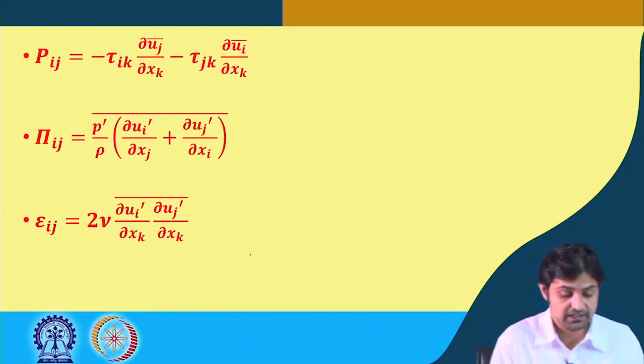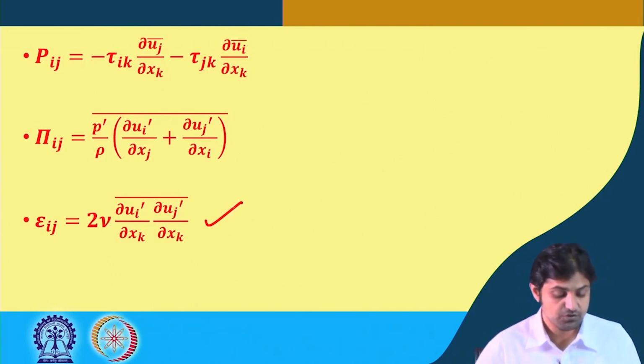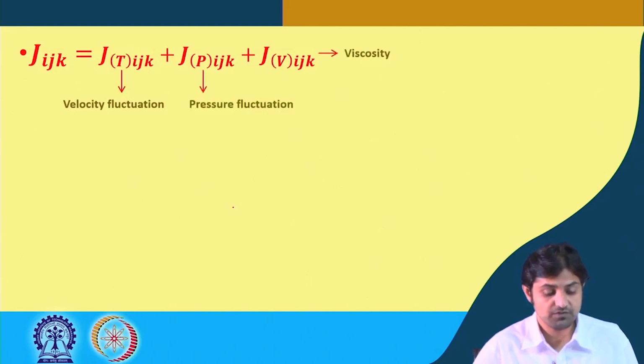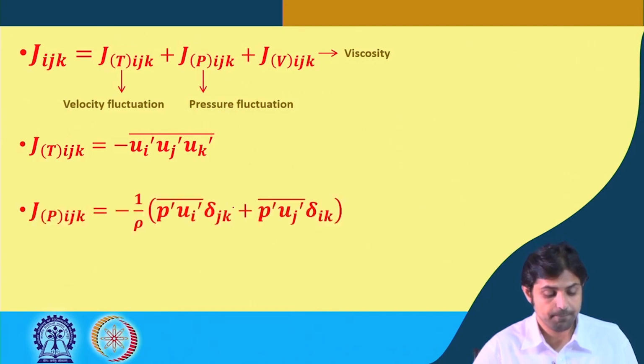It is expressed like this: 2 nu del ui prime by del xk del uj prime by del xk whole bar. All right, where Jijk is given in this form. This is velocity fluctuation, this is pressure fluctuation, and this is fluctuation due to the viscosity. Therefore, Jijk can also be written as ui prime, uj prime, and uk prime.